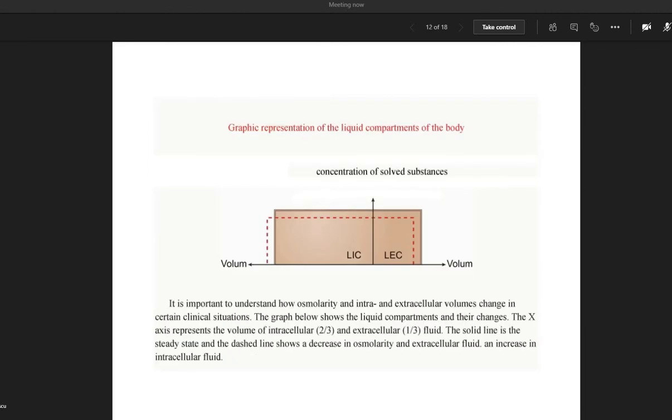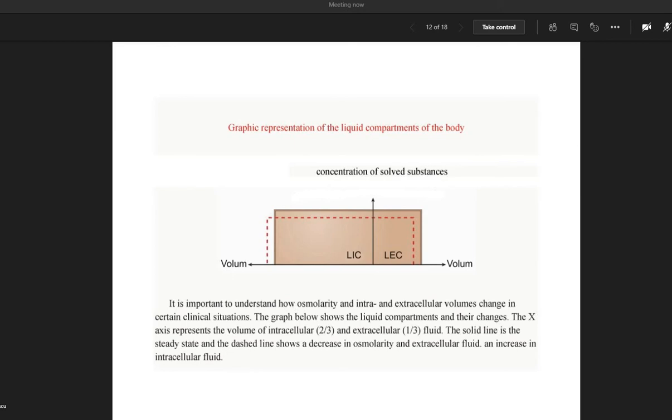Here we have practically the same thing, but presented a little differently. At the bottom we have the volume. The bottom line is the volume. From the left, it represents the volume of the intracellular fluid, and to the right, the volume of the extracellular fluid.